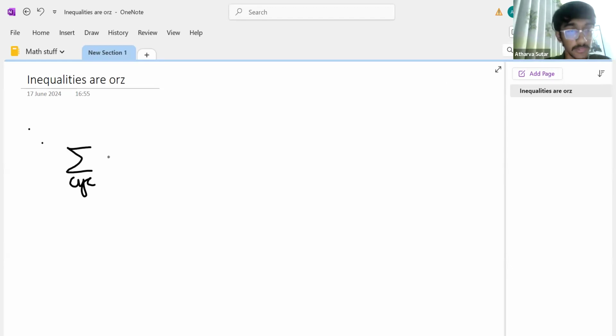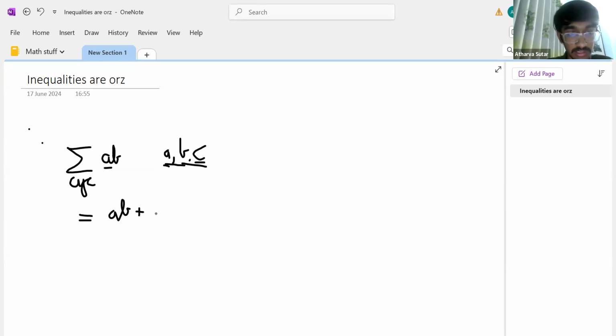If we're assuming three variables, A, B, and C, the cyclic sum would be taking this term and cycling through all the variables. Here we're doing AB first. The next term will start with B, so it will be BC, and the last term will start with C, so it will be CA. So the cyclic sum of AB will be AB plus BC plus CA.